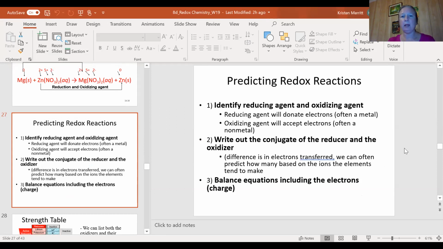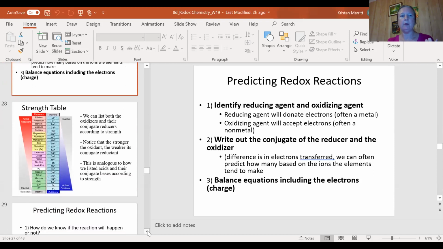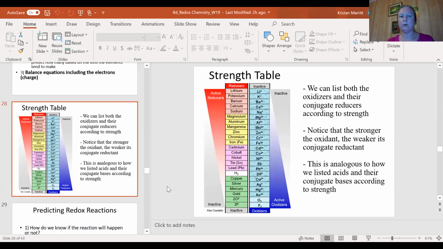So there's a table that we look at to determine this. You have to identify what is your oxidizing agent, which is being reduced, and what is your reducing agent, which is being oxidized, right? And then you look at this table.